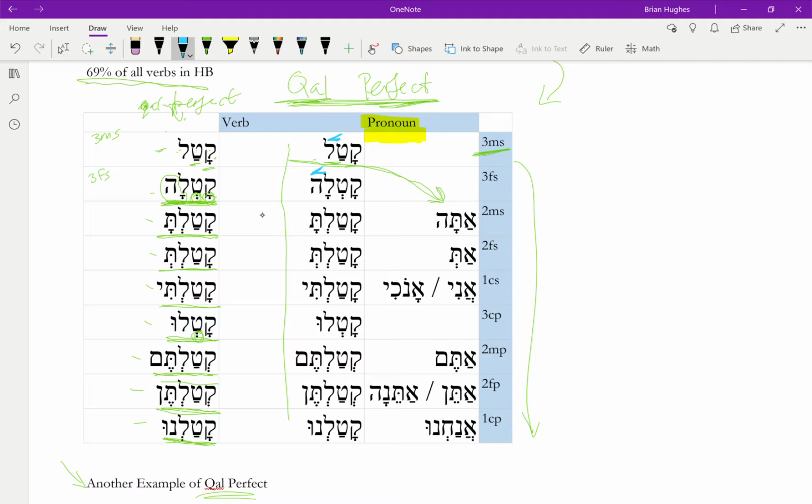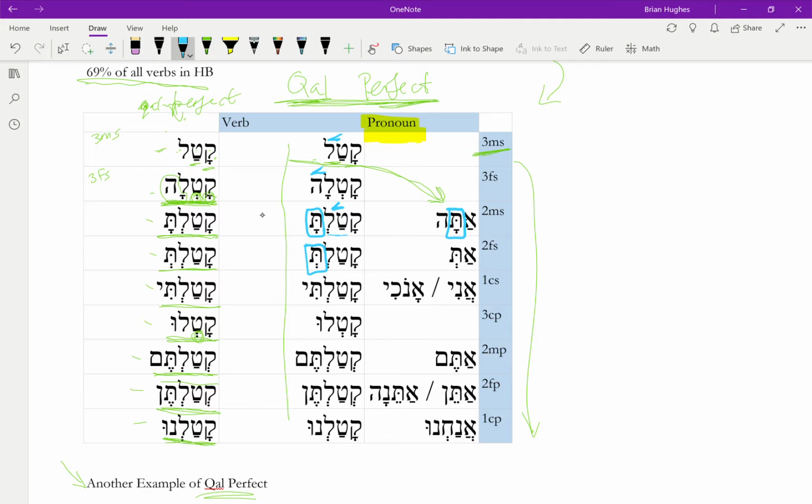But here in the second masculine singular, you get katalta. So here the accent is actually in this center syllable. And also notice how the tav kamets mirrors the tav kamets of the pronoun. This is something that students get confused about because the second feminine singular has this tav shava.